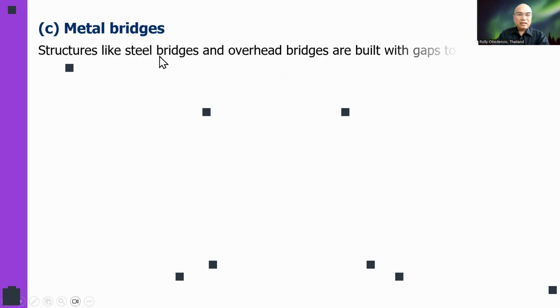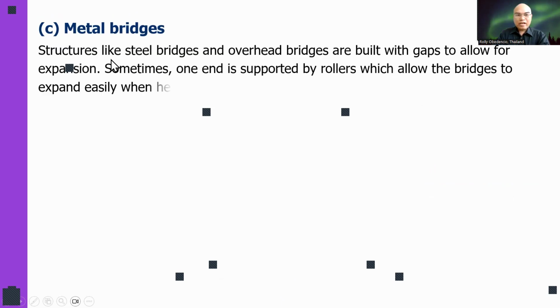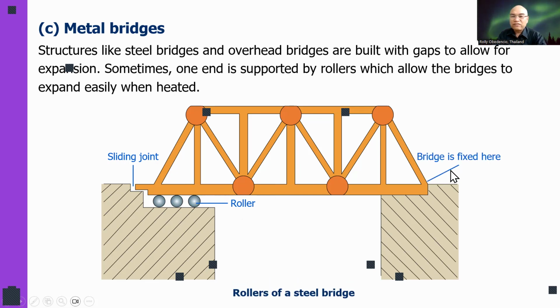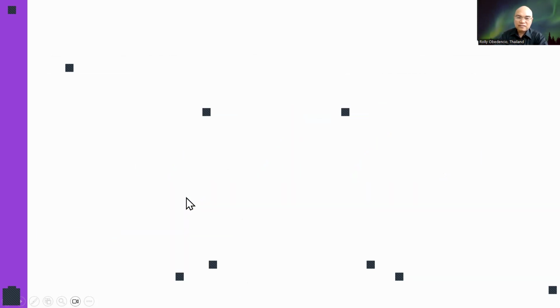What about the metal bridges? Structures like steel bridges and overhead bridges are built with gaps to allow for expansion. See the gaps here? Sometimes one end is supported by rollers, which allow the bridges to expand easily when heated. So this one is fixed. This one is not fixed.